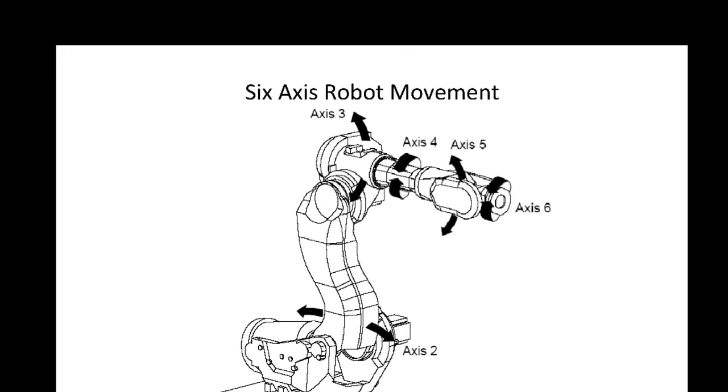Axis 6 is the end, but on axis 6 we can fix some external things. We already discussed the gripper, right? We can hold the gripper on axis 6. In a painting application, where the same robot is used, we can hold the paint brushes on axis 6.